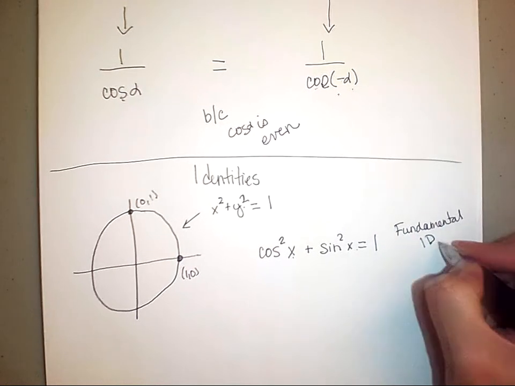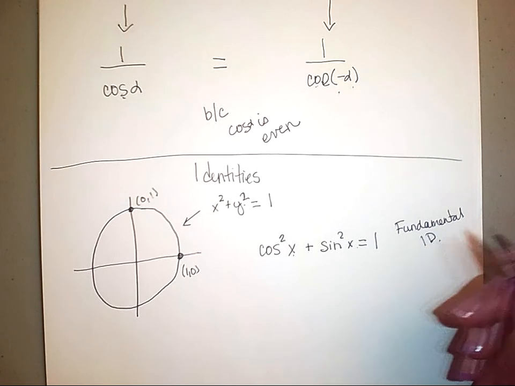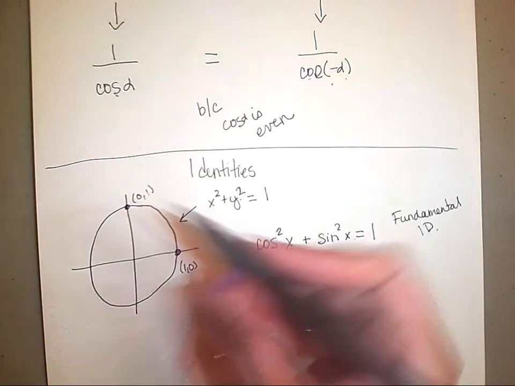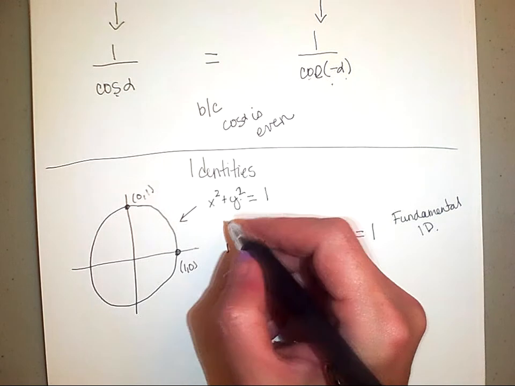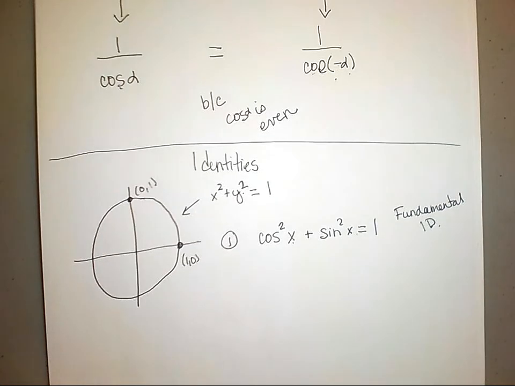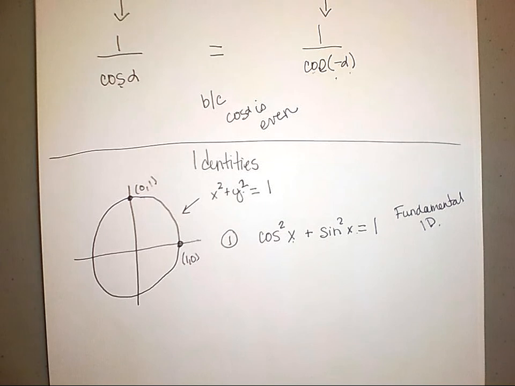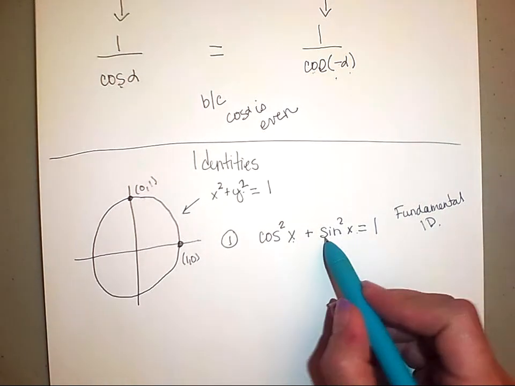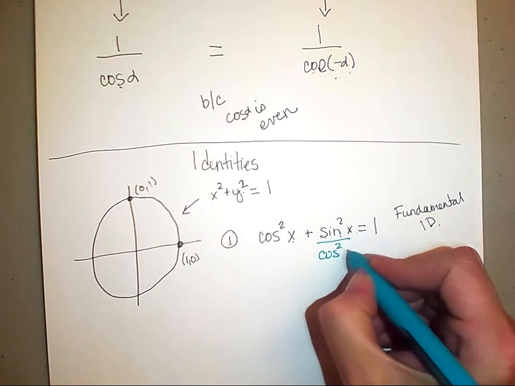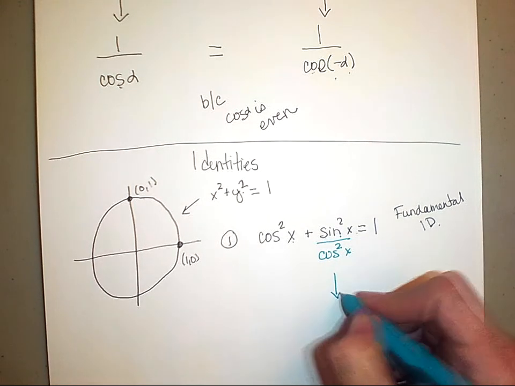But there are also different forms now that we know about the tangents. So this is our first form. But let's say I had tangent squareds. I might be concerned about tangent squareds. Well, I have a sine squared. So if I divide that by cosine squared, this would reduce to tangent squared.